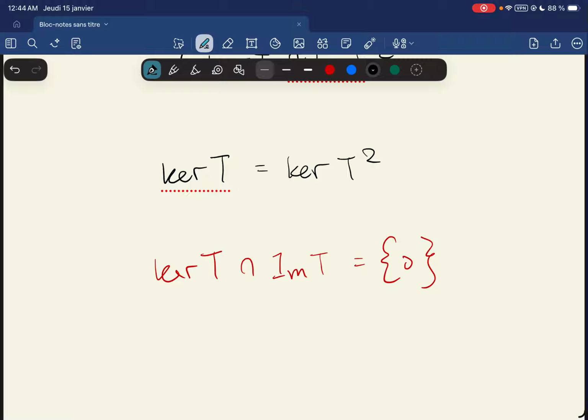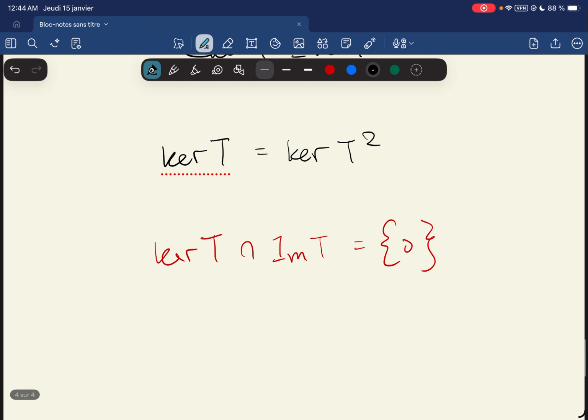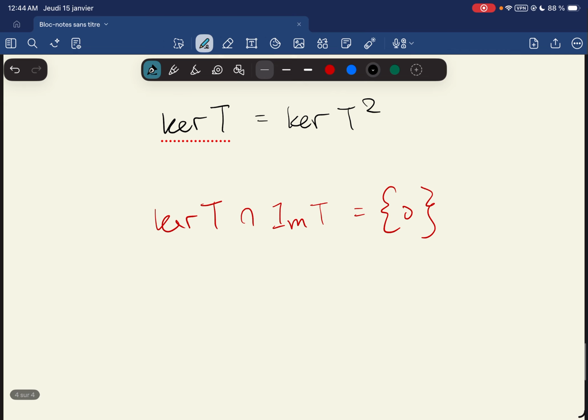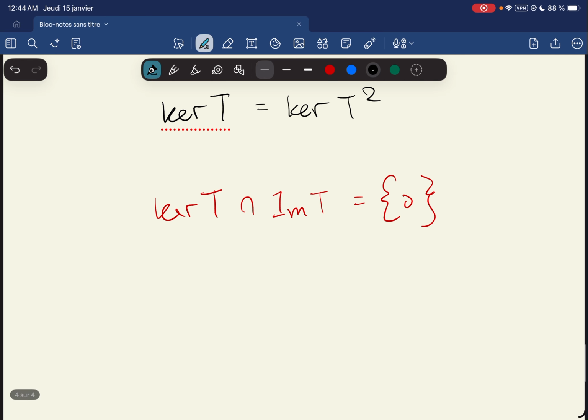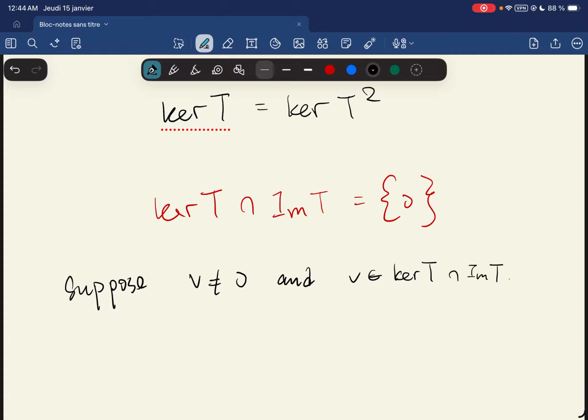Proving that the intersection of two sets is just the zero vector is not very obvious to show directly, but we can try it by, you guessed it, contradiction. So suppose that v is not a zero vector and v is inside the set kernel of T intersect image of T.